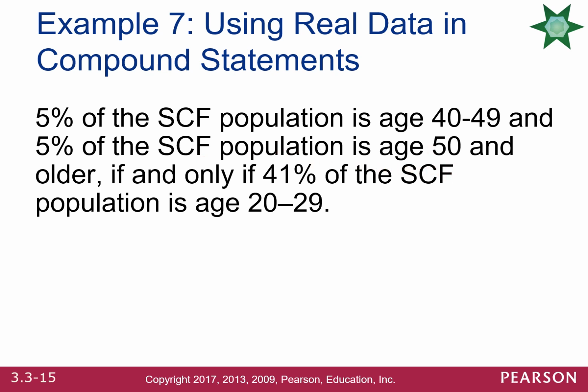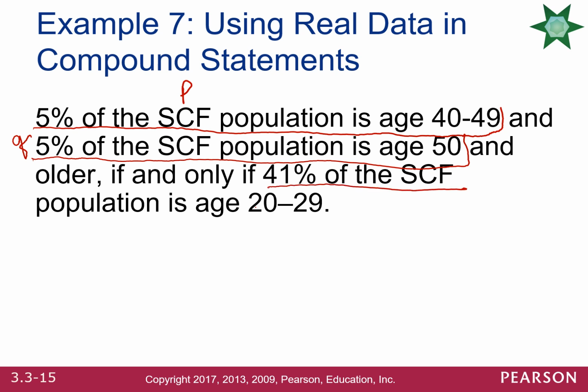So let me take out my pen here. The first one, from here to here, is going to be P, and the next one is going to be Q. And then this other one, 41% of the SCF population is age 20 to 29, is going to be R. And then let's look at the logical operators.